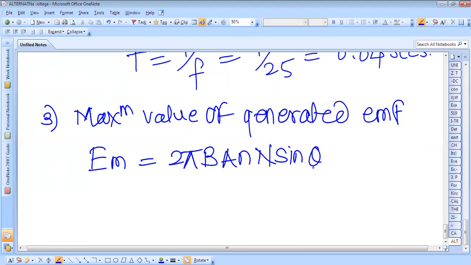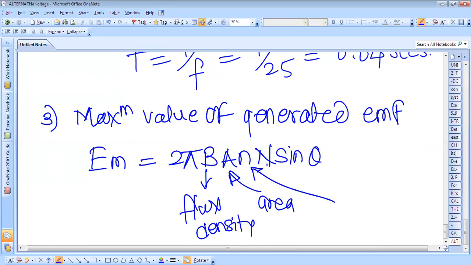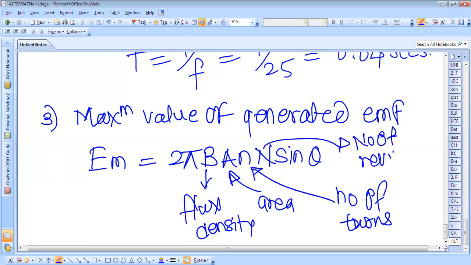What is this B? B is the flux density. This is the area. This N is the number of turns of the coil, and this N is the number of revolutions. So it is all given, and the axis of rotation is at right angles.